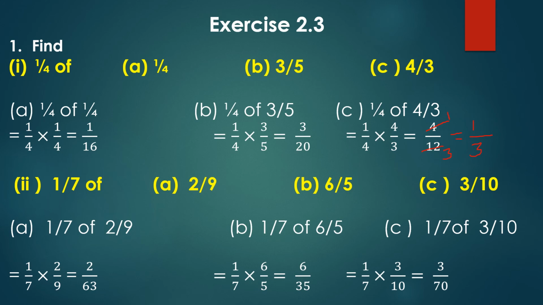The next, 1 by 7 of 6 by 5, becomes 1 by 7 into 6 by 5, which is equal to 6 by 35. And next, 1 by 7 of 3 by 10 becomes 1 by 7 into 3 by 10, which is equal to 3 by 70, because 7 tens are 70. So this is how we have to do the multiplication in this type of question.